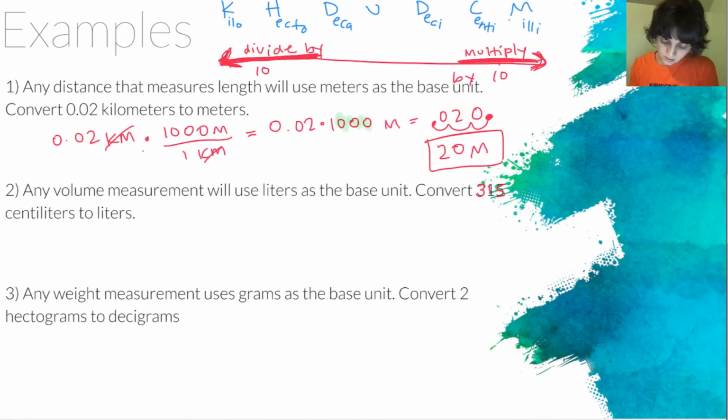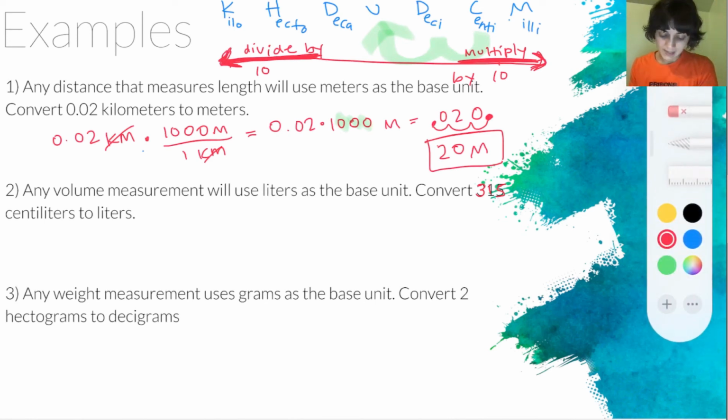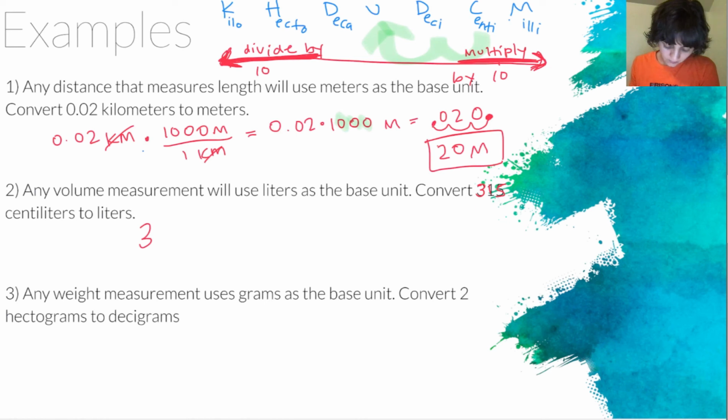So I'm starting here and going 2 to the left. As I go to the left, I divide by 10. So I'm going to take my 315 centiliters and multiply by 1 liter for 100 centiliters. So I'm dividing by 10 twice, which is the same as dividing by 100.